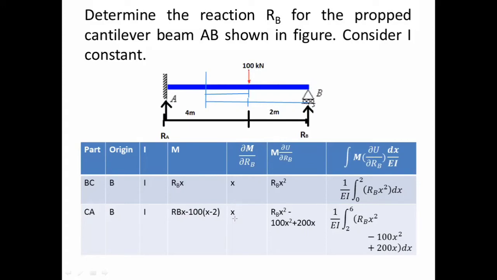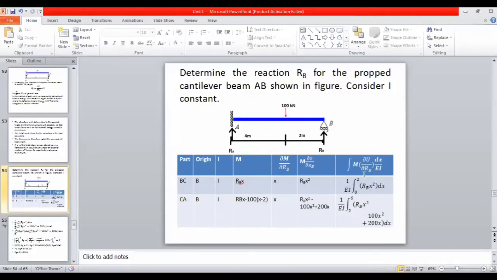Then m into... I think I need to change this also. Wait a minute, I'll change that. Here also we need to make m and not capital U. Here also m.